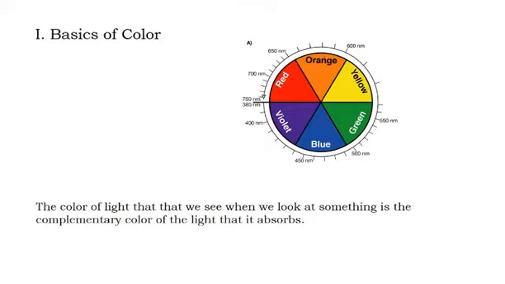So if we start in the middle of the orange region of the color wheel and draw a line straight through the center to the blue region, we'll see that that compound that appears orange is actually absorbing light in the blue region of the spectrum, somewhere around, say 450 to 500 nanometers in wavelength, somewhere on that part of the spectrum.